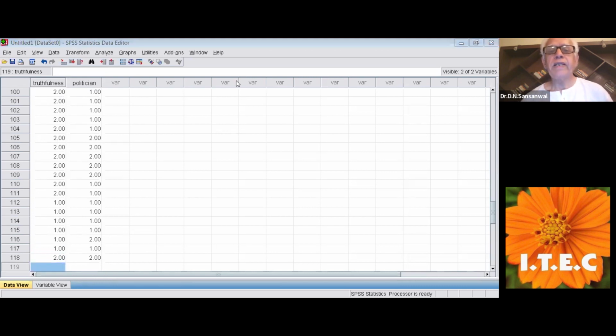Okay, let us see now. Any variable you can write first. Jyoti, if you want, you can write politician first, or if you like, you can write truthfulness of scientist first. It does not make a difference.